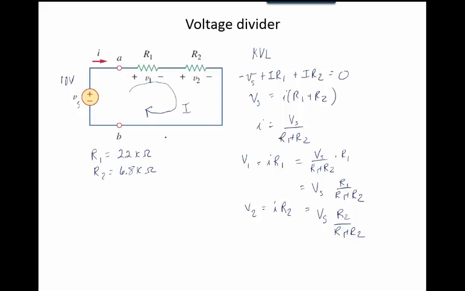I'm using more realistic values using the kilo ohms. So if it says that V1 is equal to like 5 volts, that's not saying it's 5 volts at either the left or the right of the resistor. It is saying it's the difference between the voltage here at A and the voltage here, which I'll make B for the fun of it. So V1 is VA minus VB, or the voltage across this resistor.